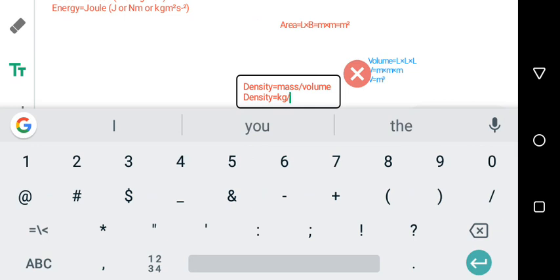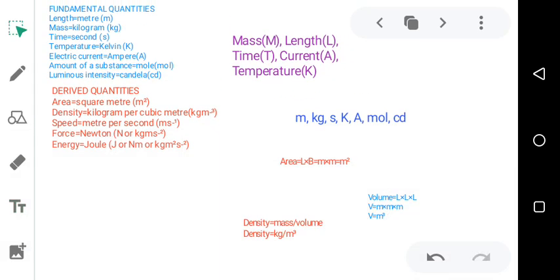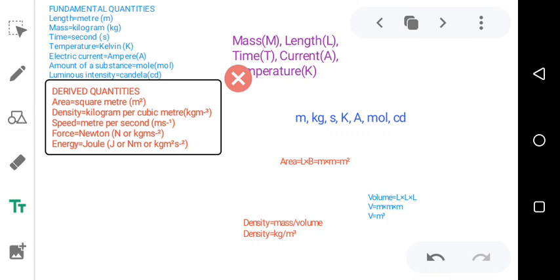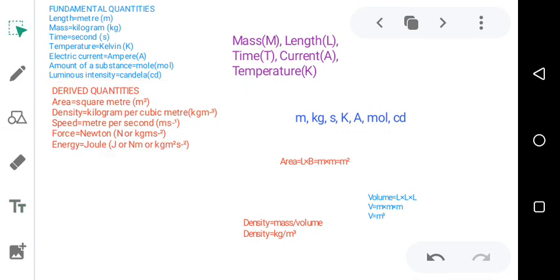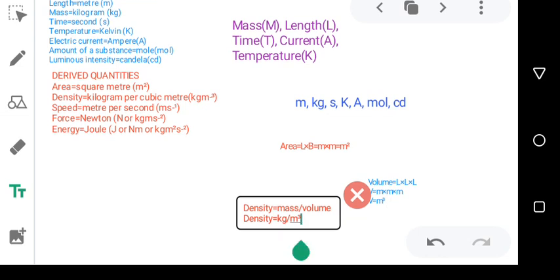From what we got, meter cube or cubic meter. You can see that what we have here is kilogram per cubic meter.